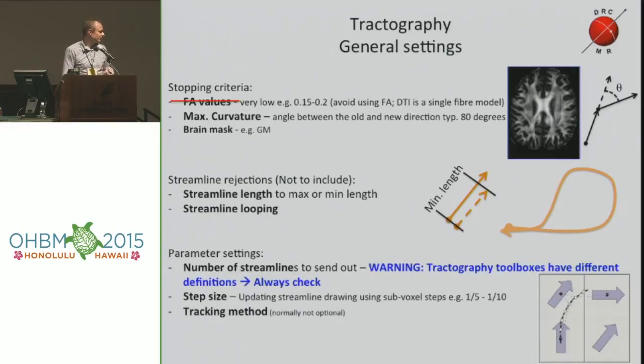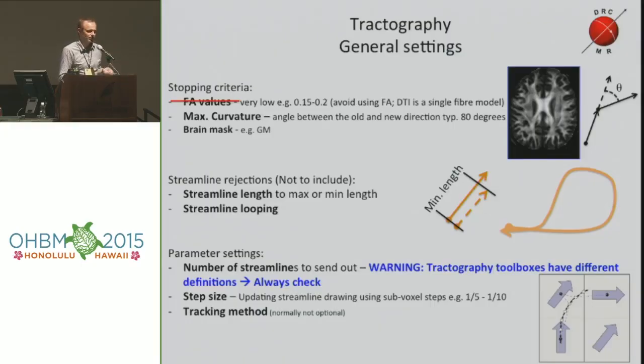Then there are some other parameters to be set. For example, the number of streamlines. There have been a lot of questions about this: how many streamlines should I use? It's a really hard question to answer because it depends very much on the toolbox you're using. What I can say is that you should look into your toolbox and see how it defines and submits this number of streamlines from a voxel. Some put them out in the middle of the voxel, some randomly select a position in a voxel or a region in the seed region and submit the streamlines.